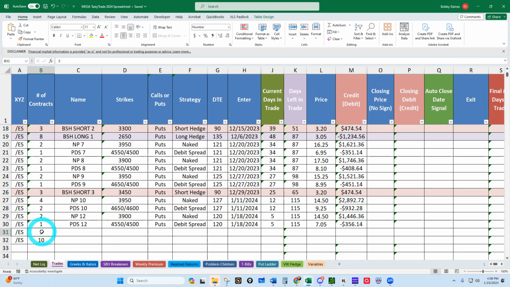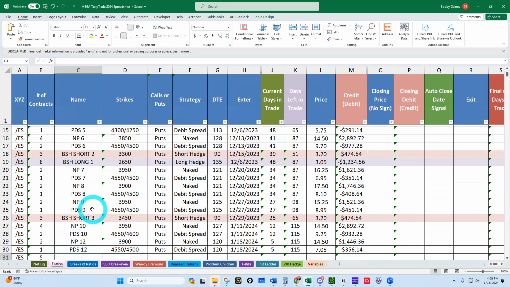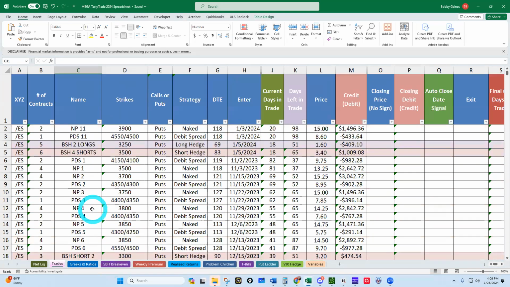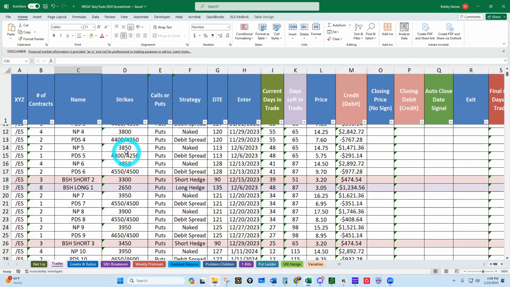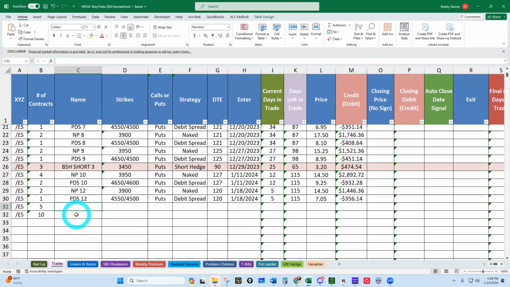And so we'll call this, oh my gosh, what will we call it? Let's say we did BSH4, 6 of those. So that should go with a 10. So this is BSH4 longs. And then the 5, I guess, went with the BSH short 3.